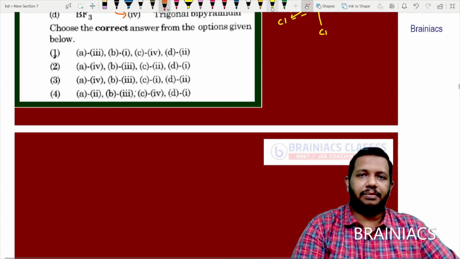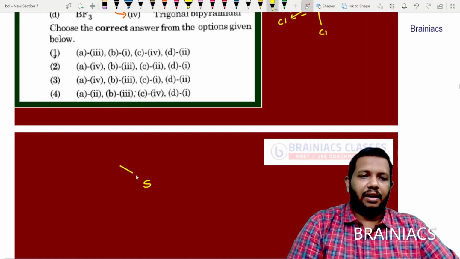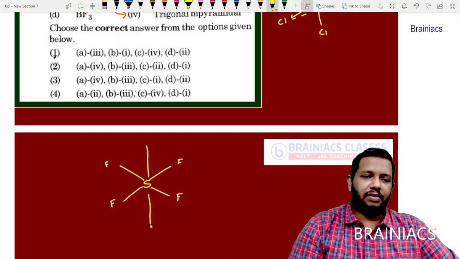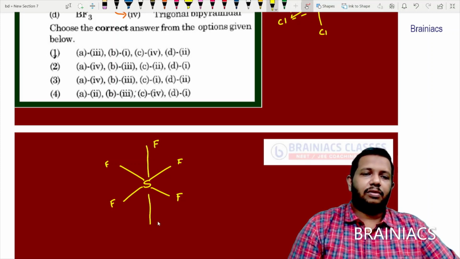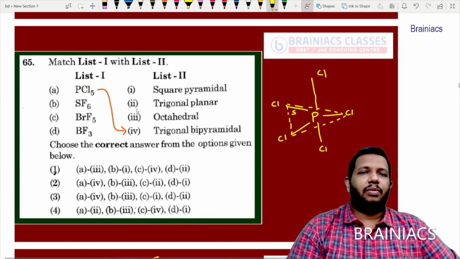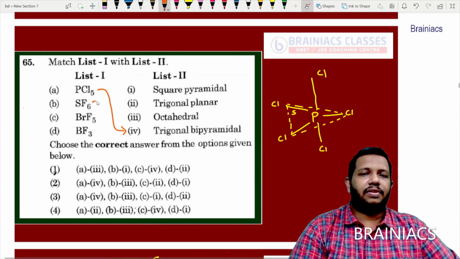You have a sulfur atom and fluorine atoms present like this on the 4 parts, and we have learned all this in the chapter P block elements as well as in chemical bonding. This is octahedral, correct? So we can say SF6 is octahedral.